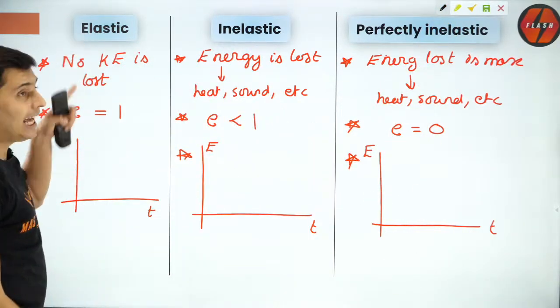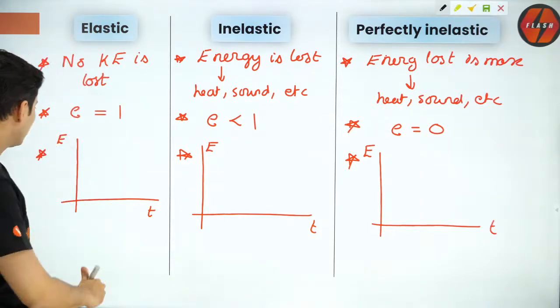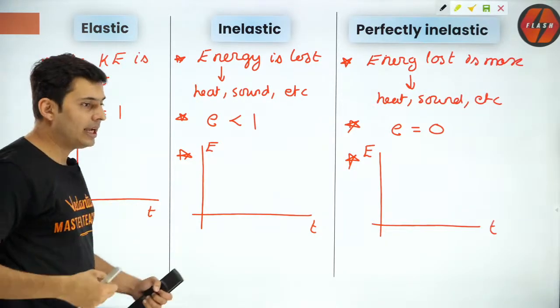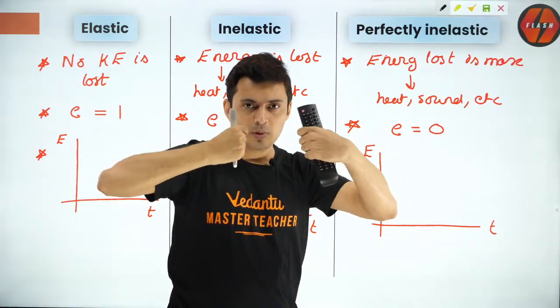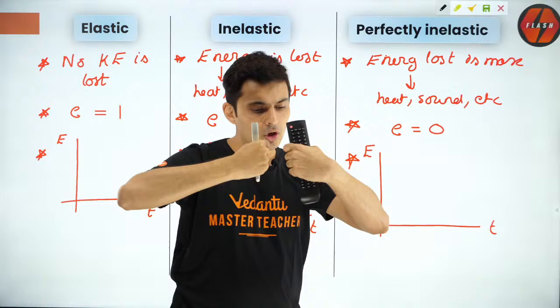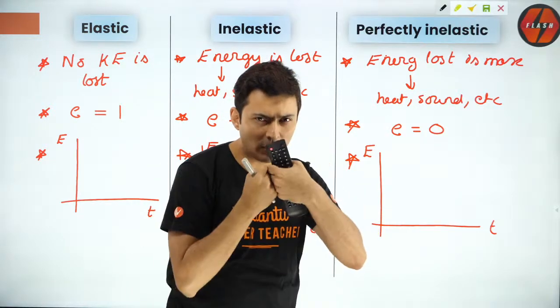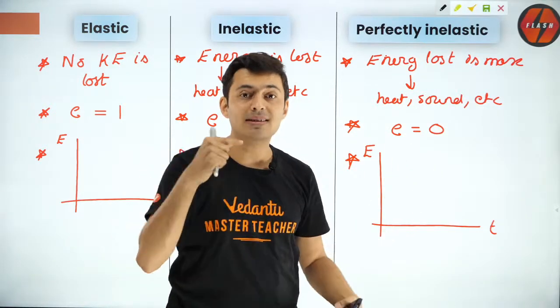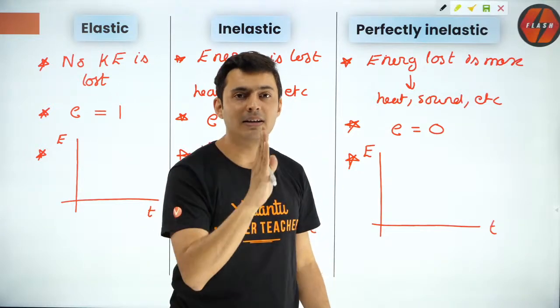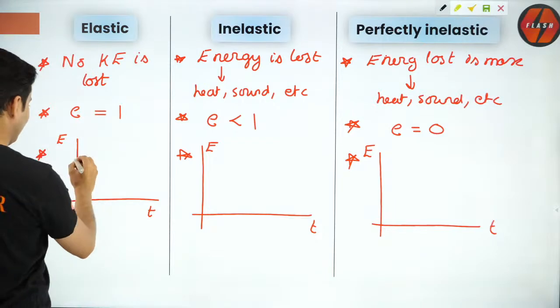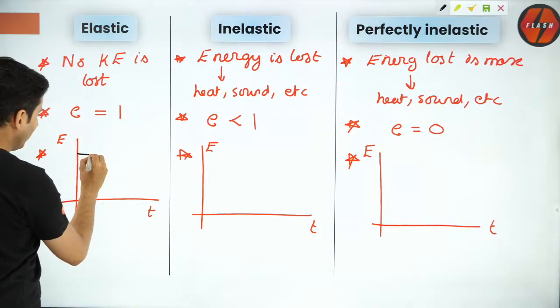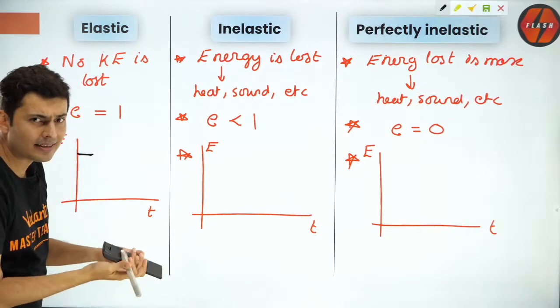When you talk about elastic collision, you know how the energy graph looks? Why with respect to time? Because they will be colliding. If you play the time button, they'll come close, hit, deform, and then again go back. So how does kinetic energy change at different instants of time during the collision? First, before the collision, it will be straight because nothing has happened.